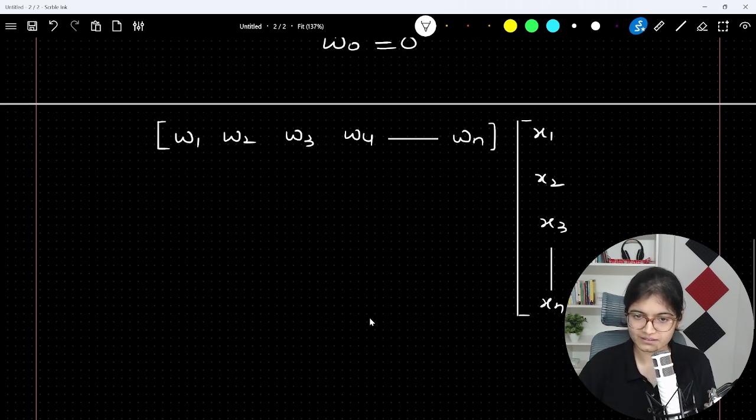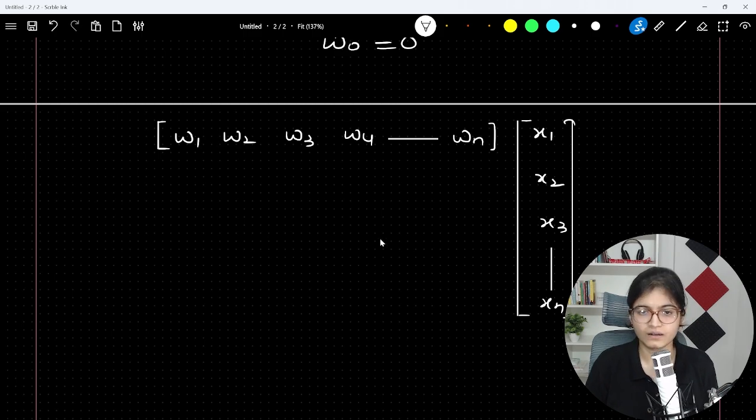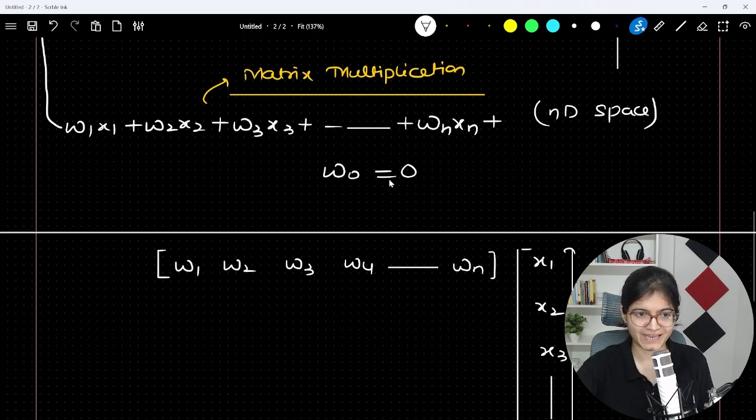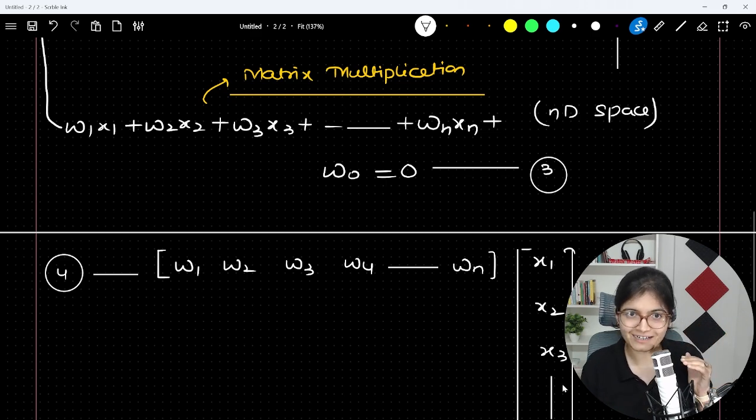So can I say that this is the same thing which we have written here? This part, maybe equation number 3, and this way of representation is also the same, because the above equation is nothing but a matrix multiplication of the w vector and the x vector plus the value of w naught alongside.